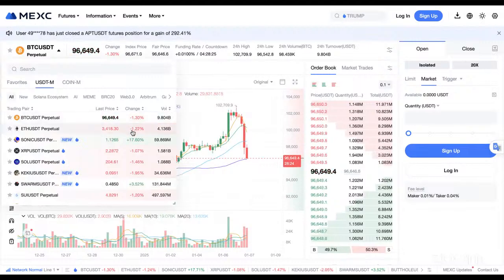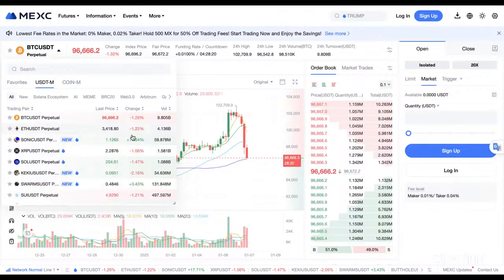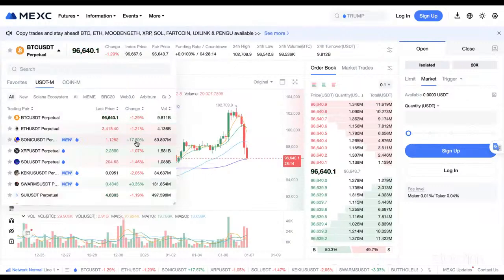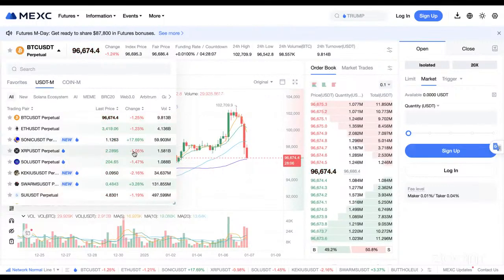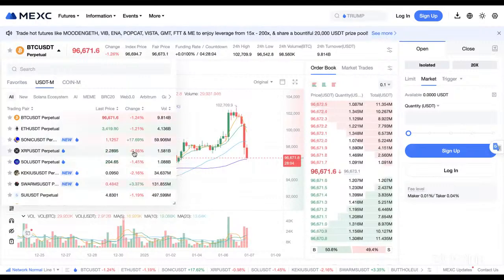Number 2 is Ethereum, down 1%. Number 3 is Sonic USDT. I don't know what this is. It's a new coin that was listed. Sonic is FTM, they just converted from FTM, Phantom Wallet. Then number 4 is XRP. Number 5 is Solana.